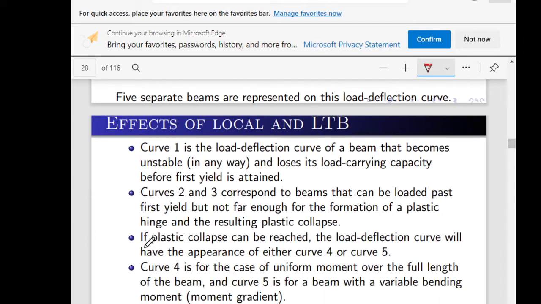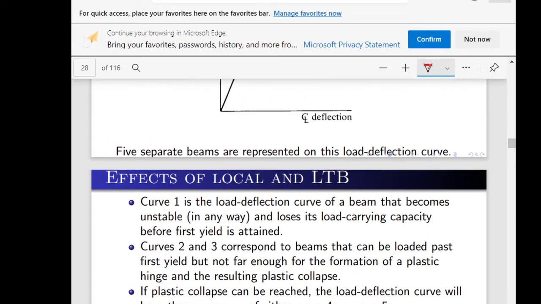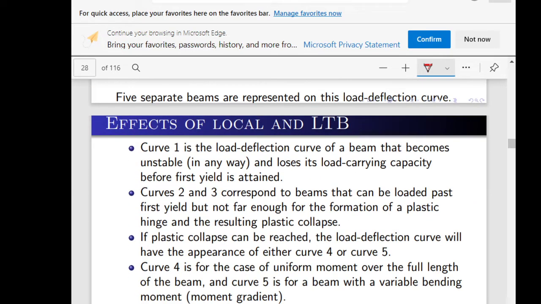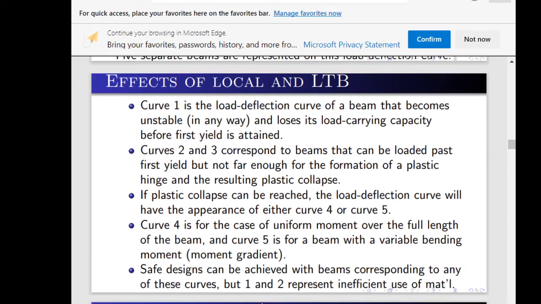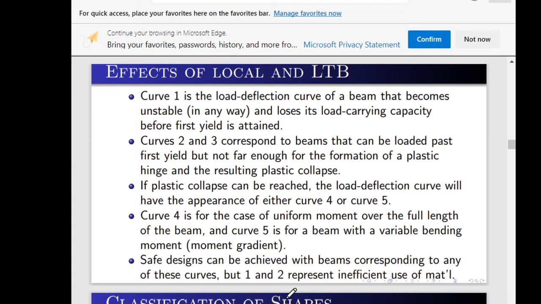Curve 4 is for the case of uniform moment over the full length of the beam, and curve 5 is for a beam with a variable bending moment gradient.